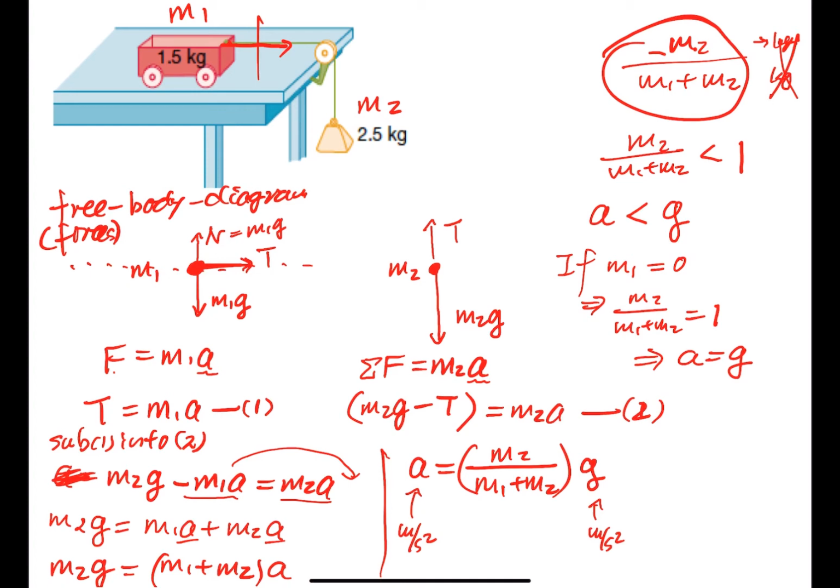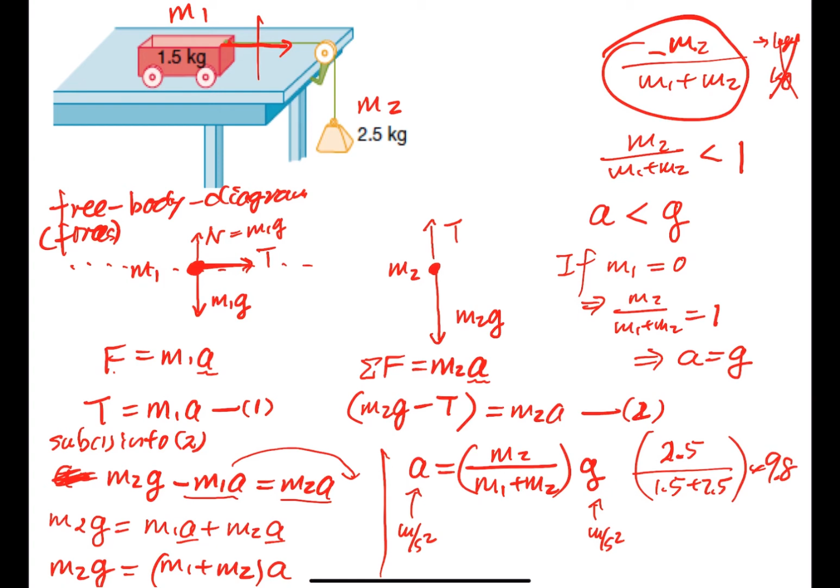There's something you must learn. You don't need numbers to learn physics and to solve engineering problems. Once you finish all this, the last stage is really to plug the numbers in, of course, which is 2.5 over (1.5 plus 2.5) multiplied by 9.8.